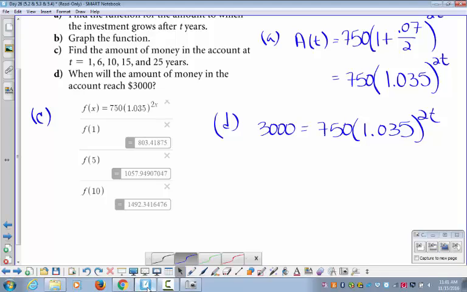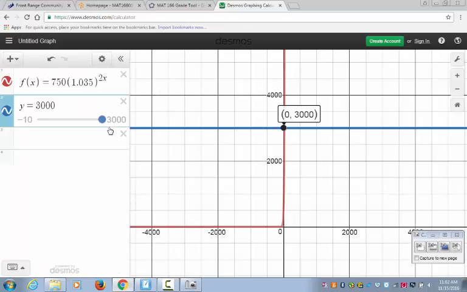The other way to do this, if you're going to use technology, you can subtract the 3,000 and then look for the x-intercept. That's probably the simpler way, because when two curves are intersecting, trying to find that point of intersection and zoom in so you can see where they intersect is sometimes a little difficult.